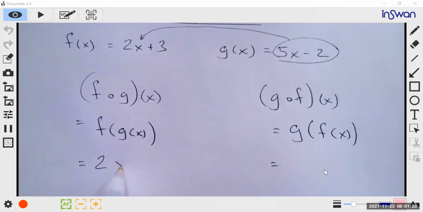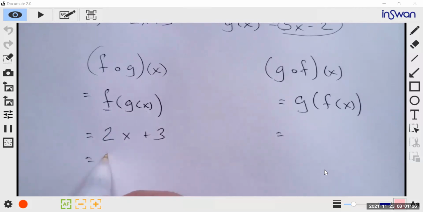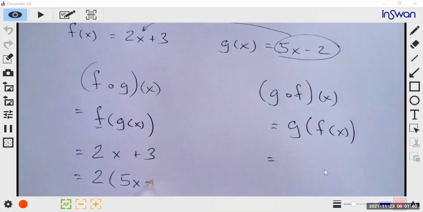So instead of 2x plus 3, that's what the function f is, I have 5x minus 2 plus 3.